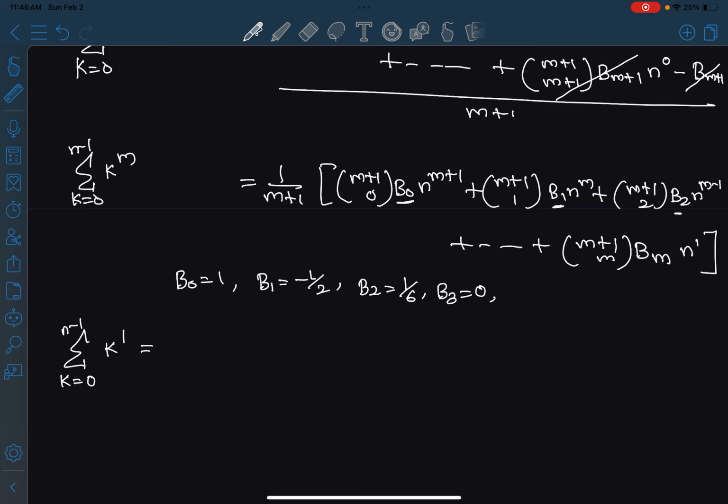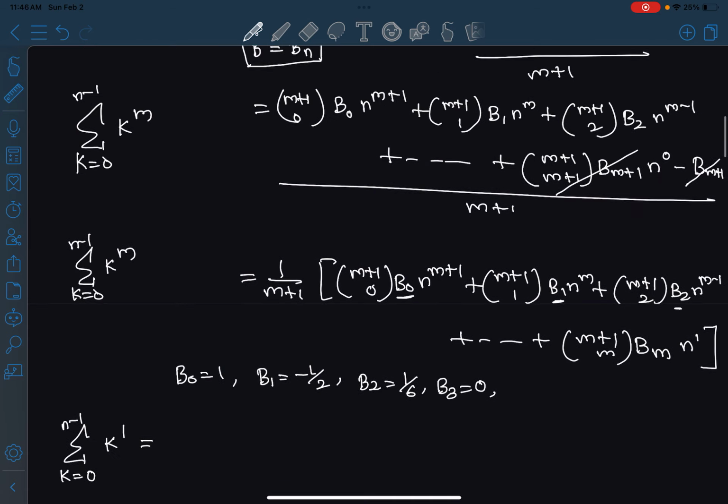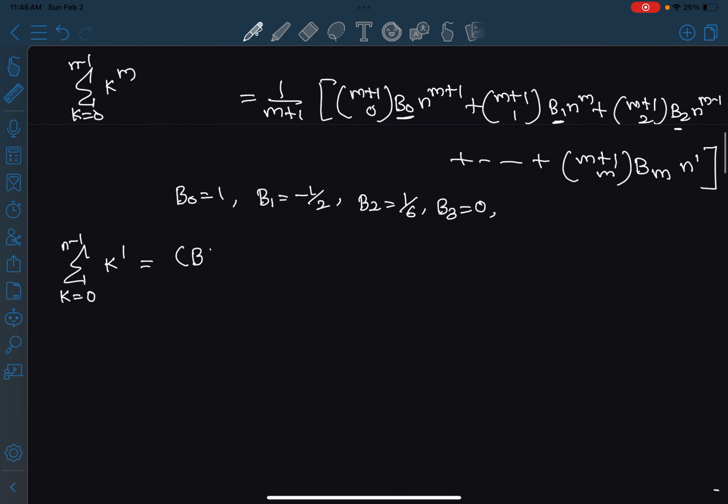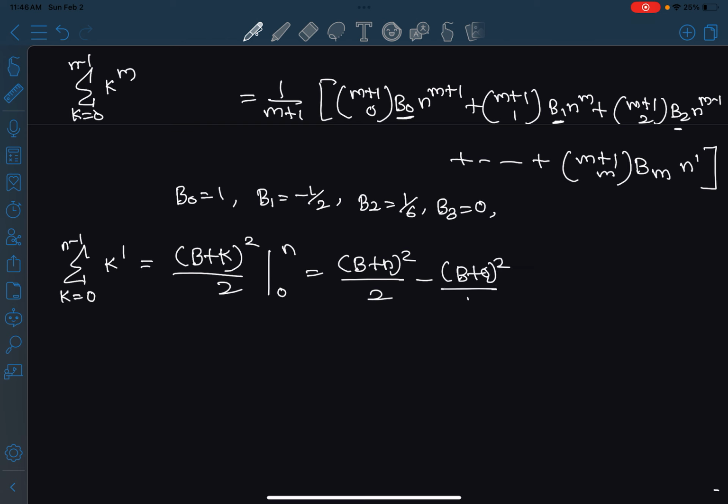this is just the sum of the first n minus 1 natural numbers. So that now becomes, using the same thing, b plus k to the power 2 over 2 from 0 to n, right? And that becomes b plus n to the power 2, I'm substituting k as n, minus b plus 0 squared by 2.